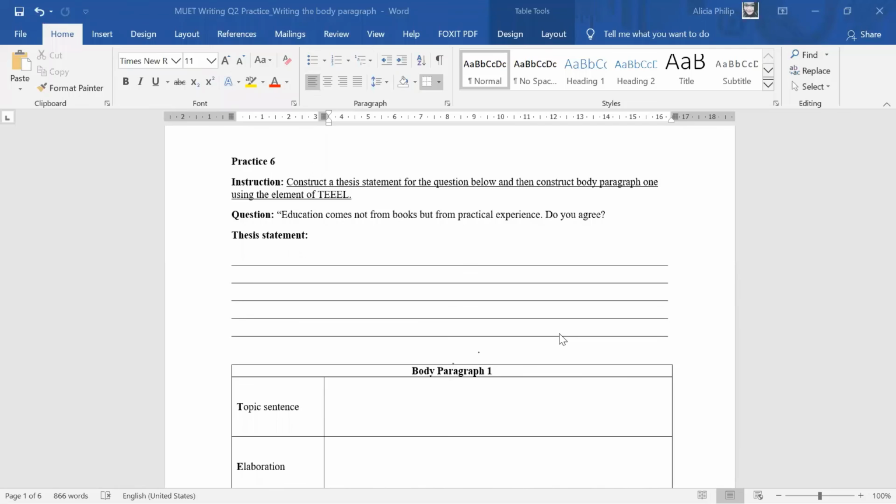Okay, but before I end the class, I need to know if anyone has any question, any doubt, still confused about how to write a body paragraph. Everyone is clear so far?